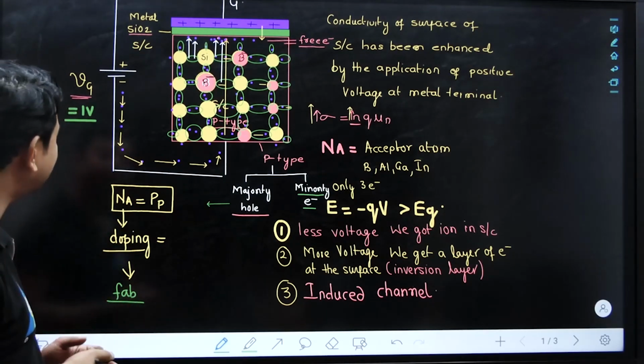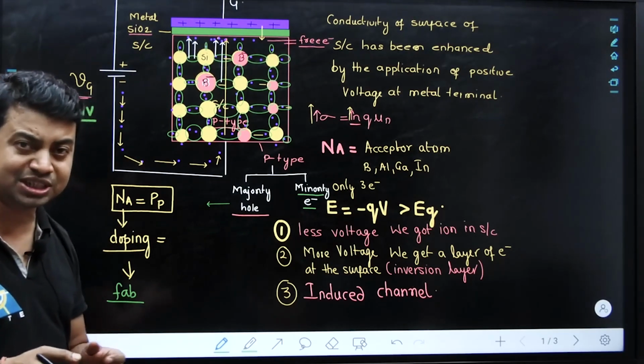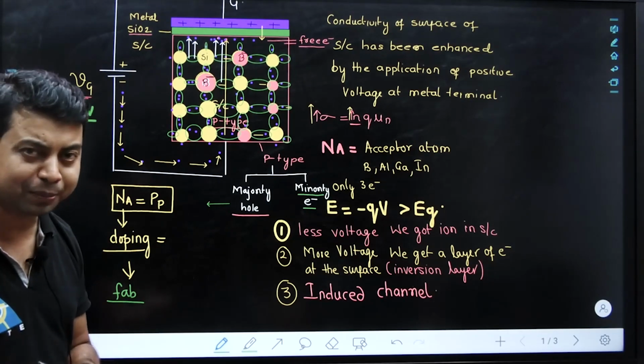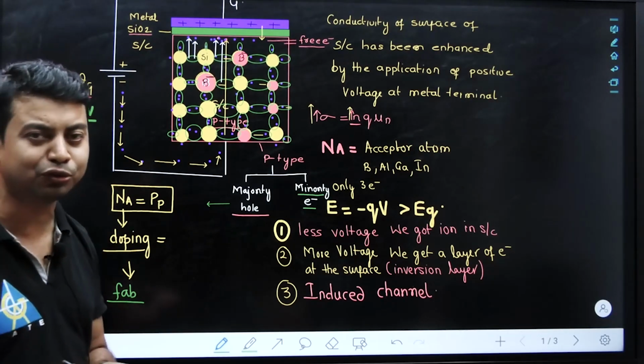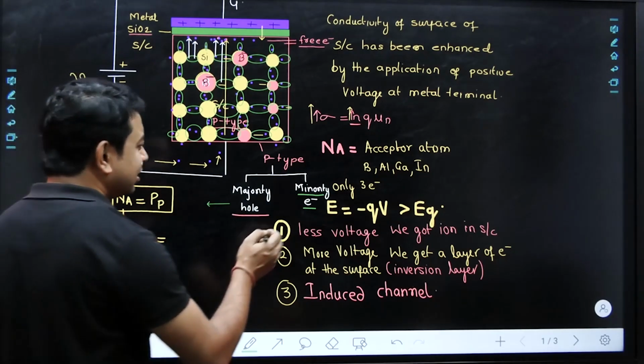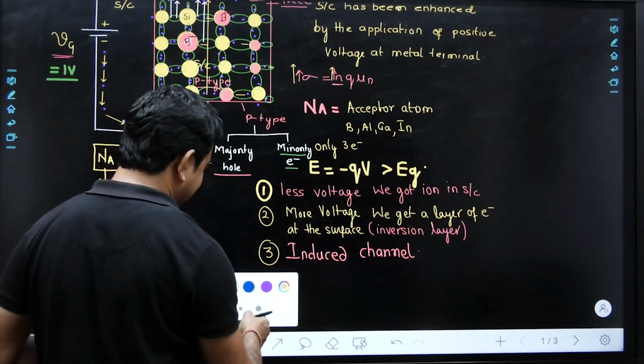So sir, is this 1 volt that we have applied here a breakdown voltage? Yes, this is the breakdown voltage, and if we apply a sufficient amount of voltage, then the electrons will escape out. So in that condition, we don't need to increase the amount of minority charge carriers.